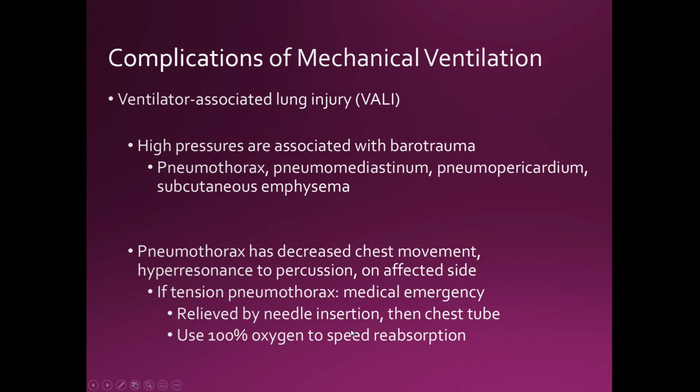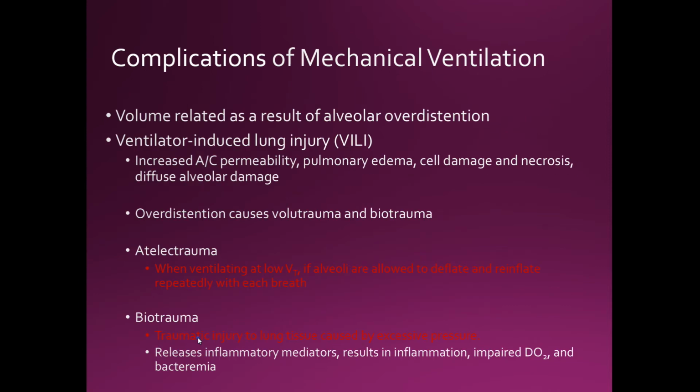We're going to have to poke a needle inside you to release the air, and then put in a chest tube, and we have to use 100% oxygen to speed reabsorption. This is the only time we're going to hyperoxygenate our patients, because they have lost a lot of oxygen due to a tension pneumothorax.